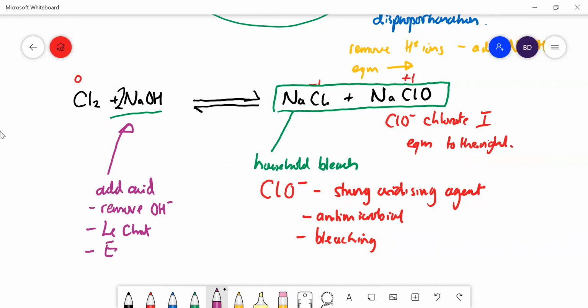The equilibrium will shift to the left. If the equilibrium shifts to the left, what do you get? You get chlorine gas released. And that's obviously poisonous, and if you breathe it in, it's very harmful. So that is what household bleach is, and it's a disproportionation reaction between the chlorine and sodium hydroxide.